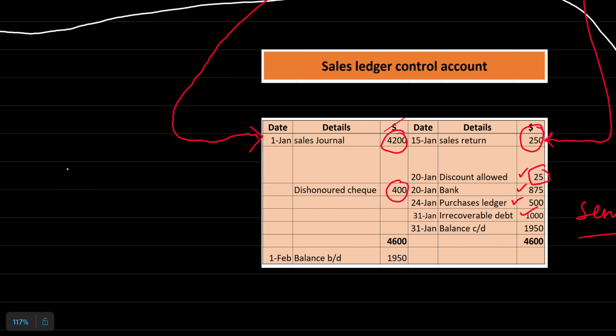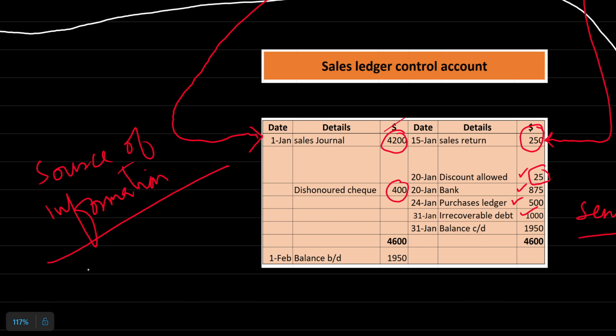So the source of information of control accounts is journals. You might be asked a question, what is the source of information of total credit sales? You will write here sales journal. What is the source of information of sales returns? Sales returns journal.